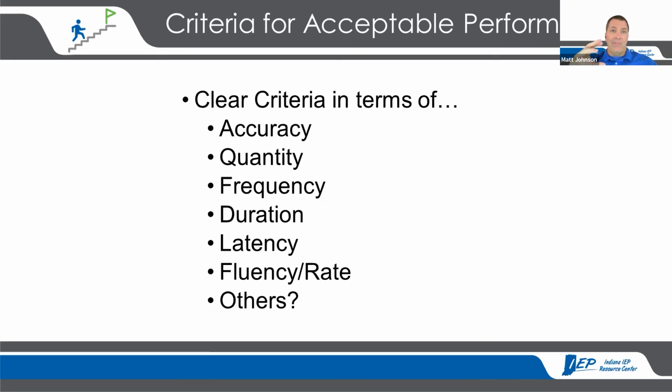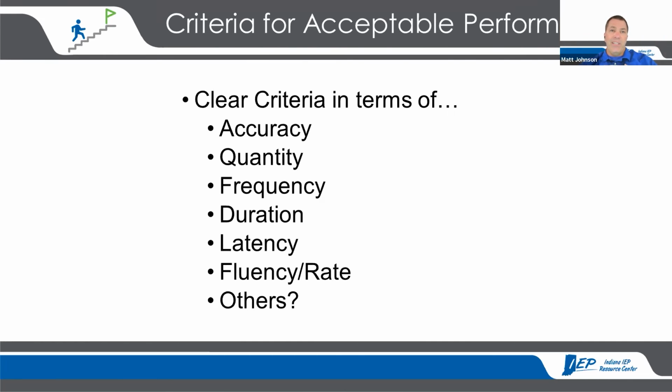Like, after instruction, student will initiate. With duration, we can say once a student has initiated the task, they will work steadily for at least this long in 4 out of 5 observations over the course of 9 weeks, or something like that.